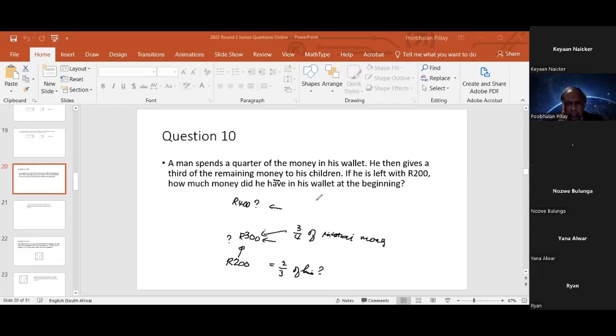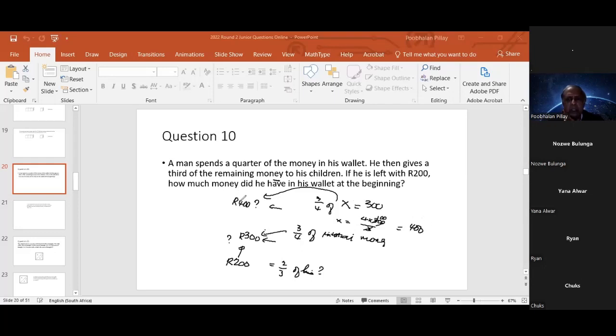The other way of doing it is 3/4 of x equals 300, whatever x is. If you don't know it, you solve for x: x is equal to 4 times 300 divided by 3, which is 4 times 100, which is 400.